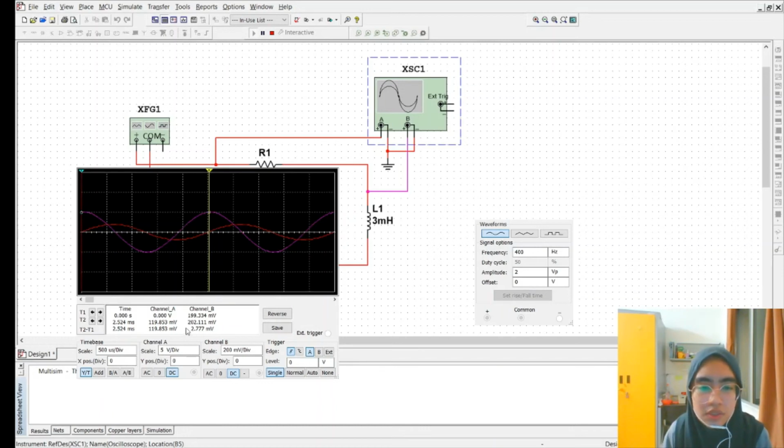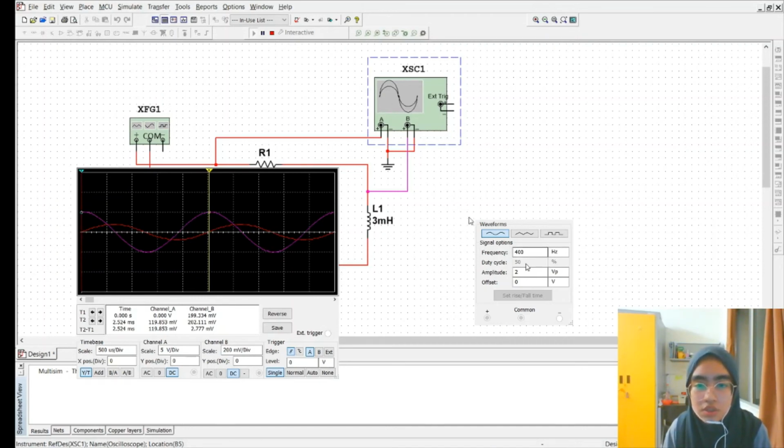So it's at 202.111 millivolt. So this is the V out that we got from this oscilloscope.